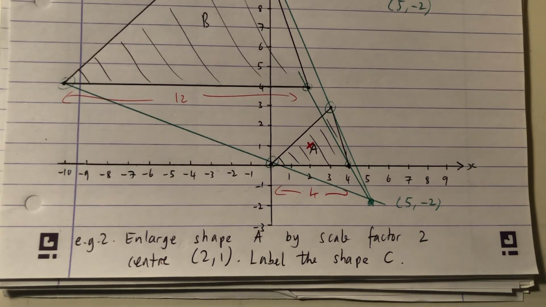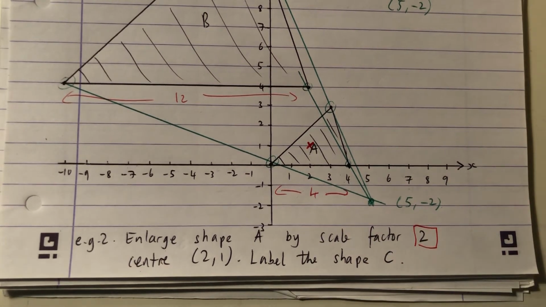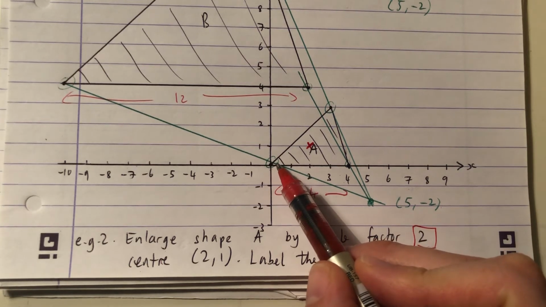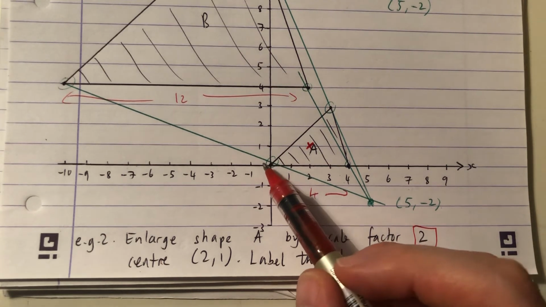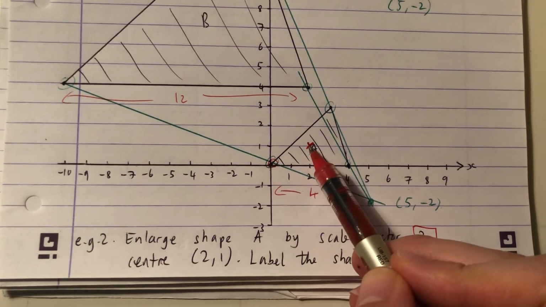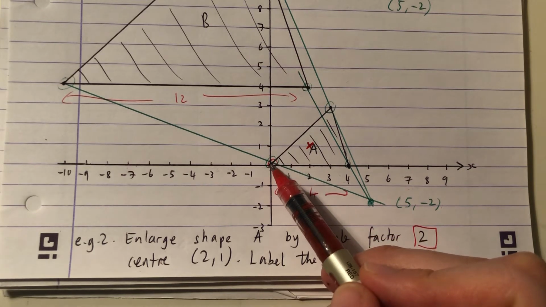Okay, and to perform the enlargement, the scale factor means things have got to get twice as far away from that centre. So each corresponding corner is going to get twice as far away from the centre as it originally is. So this point on the left is 2 left, 1 down away. That needs to double.